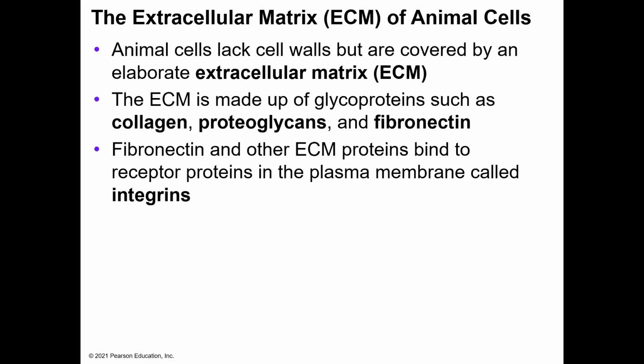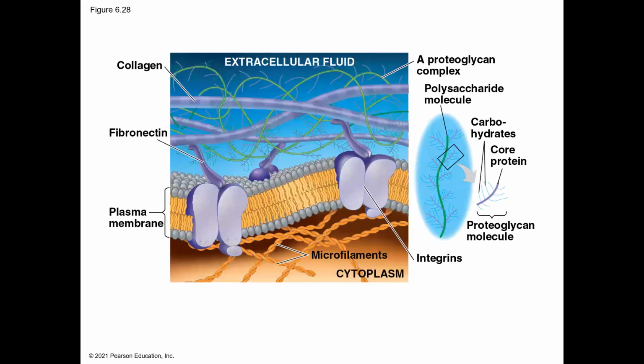Fibronectin and the other proteins of the extracellular matrix bind to receptor proteins in the plasma membrane called integrins. These receptor proteins are responsible for a lot of the cell to cell communication. The extracellular matrix has a very important role in maintaining cell to cell communication and structure, being associated with your next cell, your neighbor.